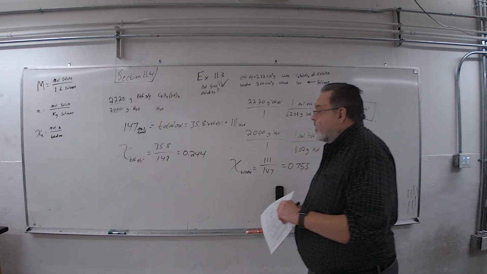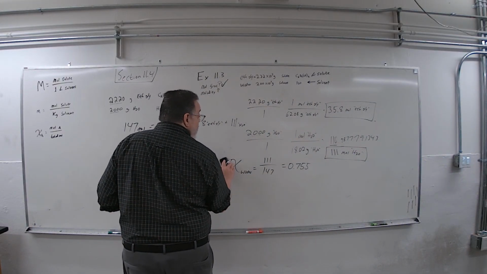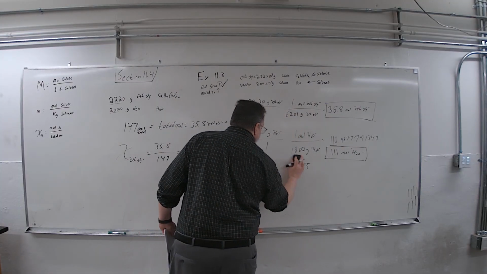1.3 molality. So we need the kilograms of the water. We're going to keep the moles of the ethylene glycol.